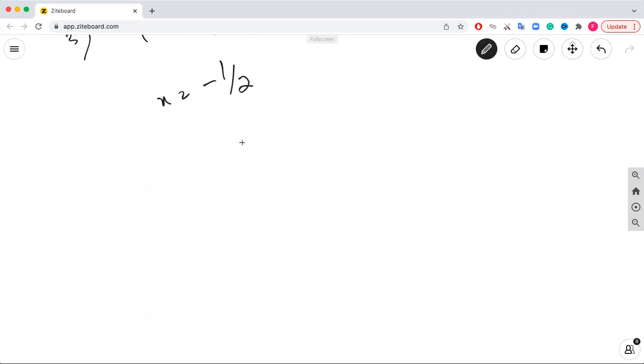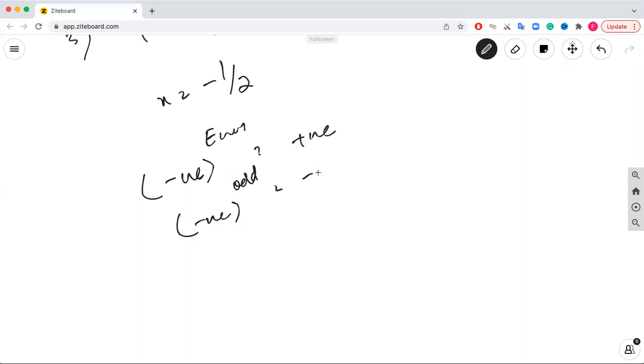Because this is a negative number, if we take an even power, the result is positive, but with an odd power, the result is negative. That's why we have to see separate cases for even and for odd, right?